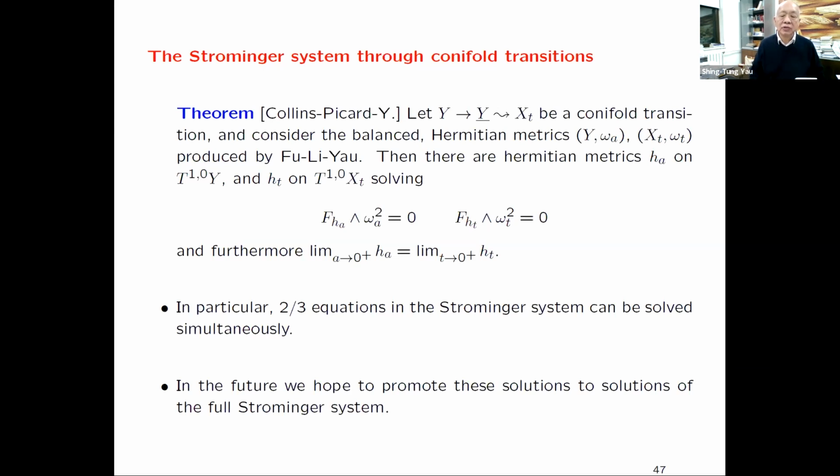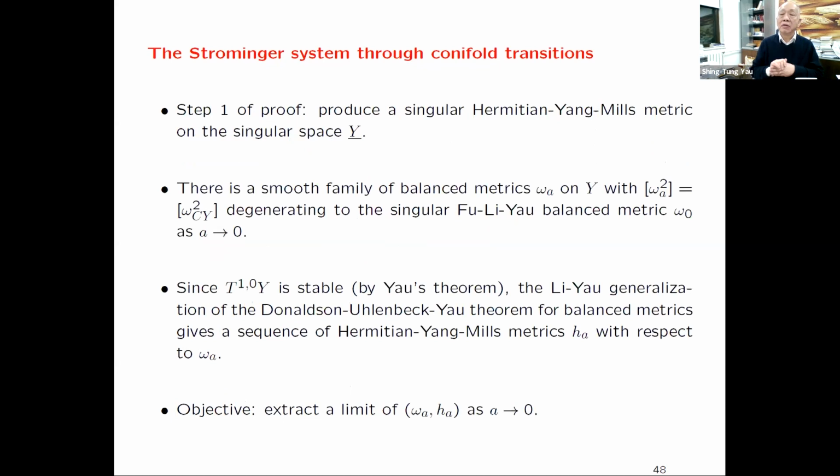So these are interesting, and I think this is an interesting question that shows that we have a nice set of equations that we would like to deal with. I don't have that much time to go through the argument, but here is the sketch. We produce a singular Hermitian-Yang-Mills metric on a singular space, and then we construct this smooth family of balanced metrics that comes from Fu, Li and myself.